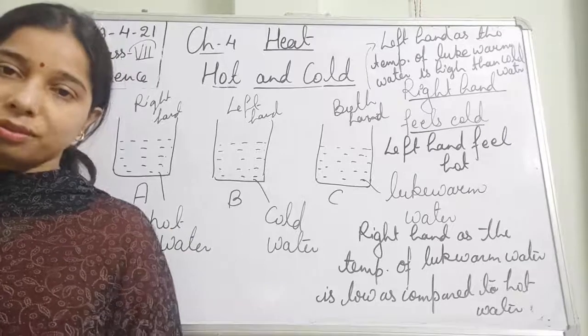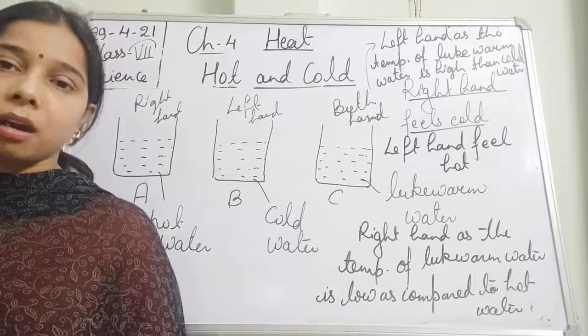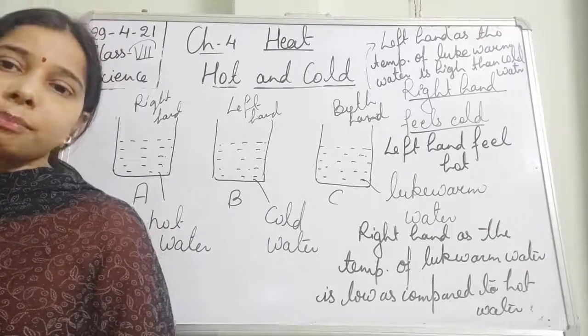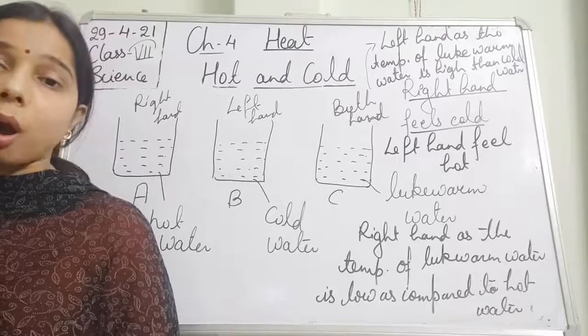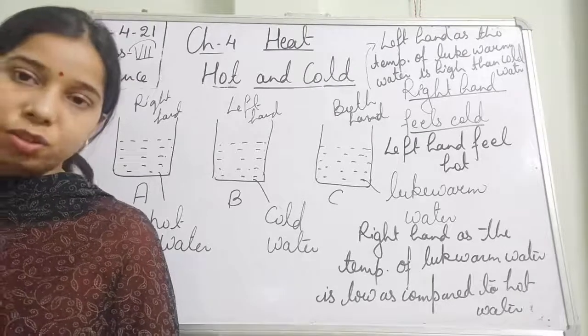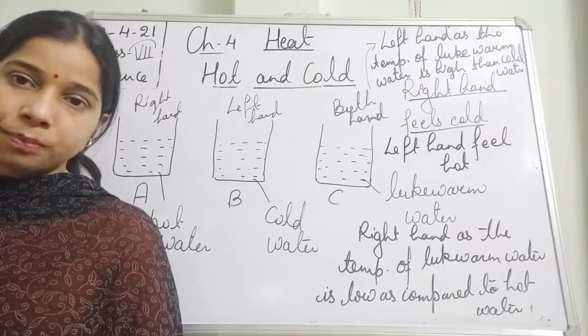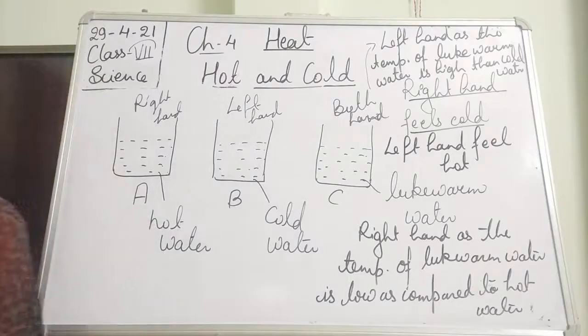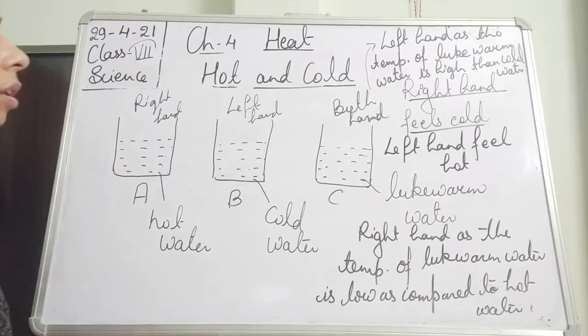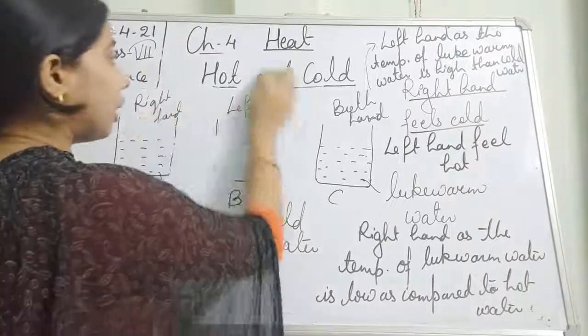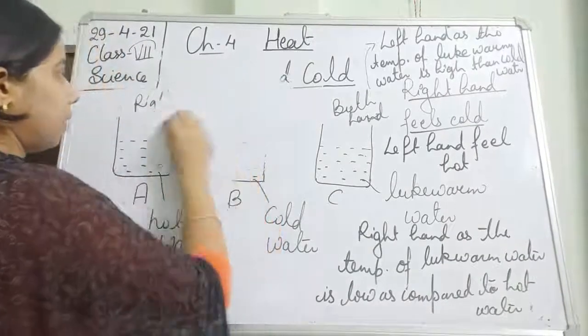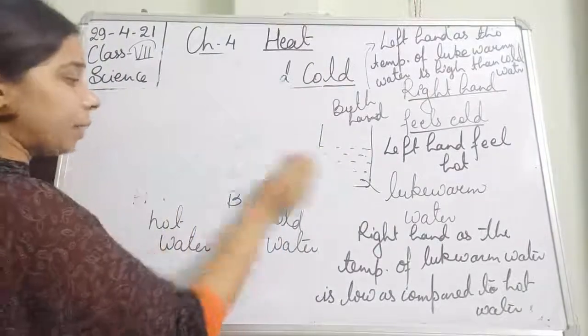And because of that, students, we need a proper measuring device in order to measure temperature. Okay, so this is the activity which helps us to tell why there is a need of a temperature measuring device.